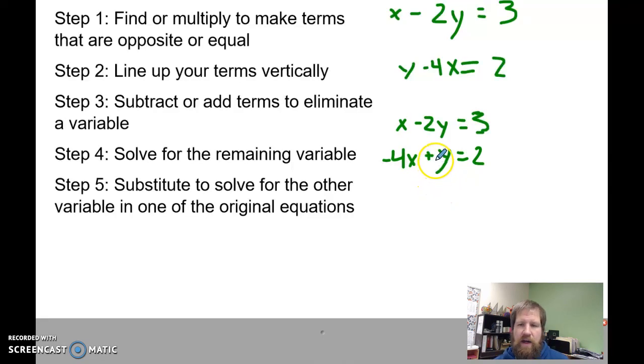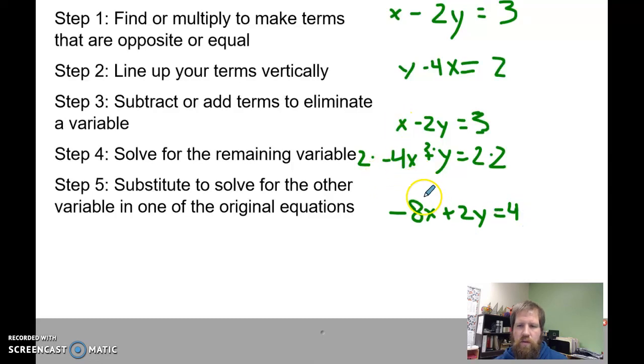So if I've got a smaller term, then I'm going to use that one. Instead of having to multiply by 4 or negative 4, I'm going to multiply by 2 or negative 2. I'm going to use addition, so I want these to be opposite. I'm just going to multiply by 2, multiply by 2, and multiply by 2. And that'll give me negative 8x plus 2y equals 4.